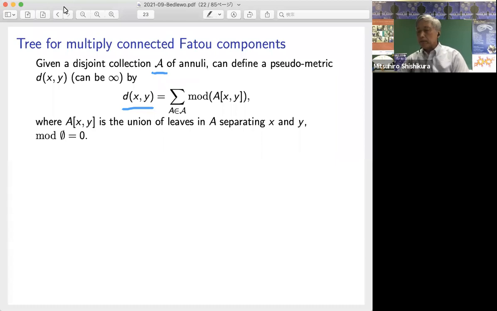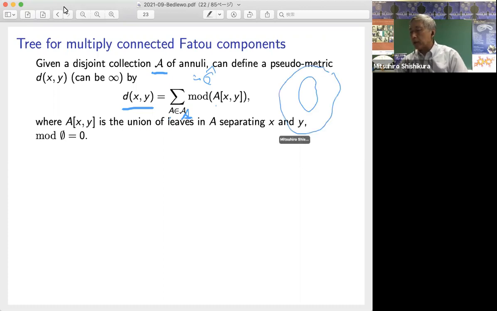And from this disjoint collection in the sphere, I construct a d(x,y) so that it is the sum over annuli A in this collection, calligraphic A, of the modulus of A_xy, where A_xy is defined like this.